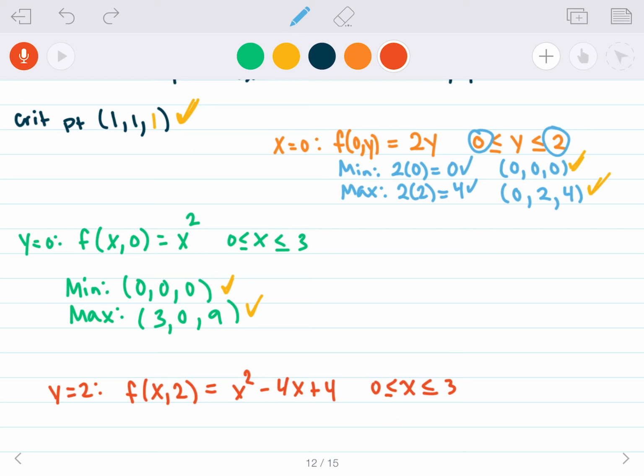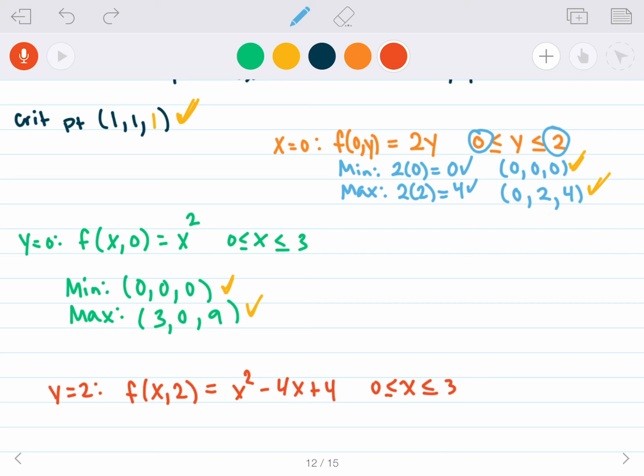It might not be obvious at first, but you can do a few different things. You can just plot this on Desmos and look. You can take the derivative and set it equal to 0, find the critical number, and figure out the max and min that way.